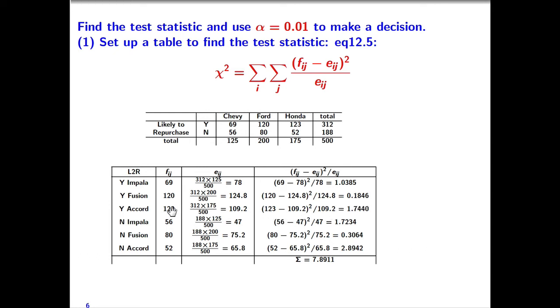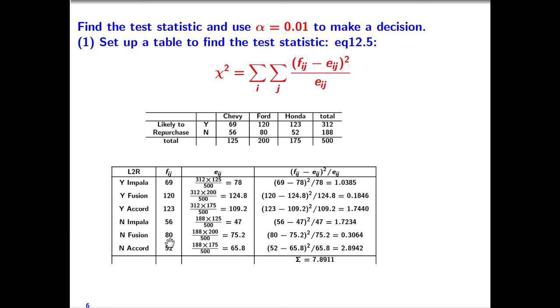And then you have 123 minus 109.2 squared over 109.2 to give you 1.744. The next one, you have 56 minus 47 squared over 47 to give you 1.7234.